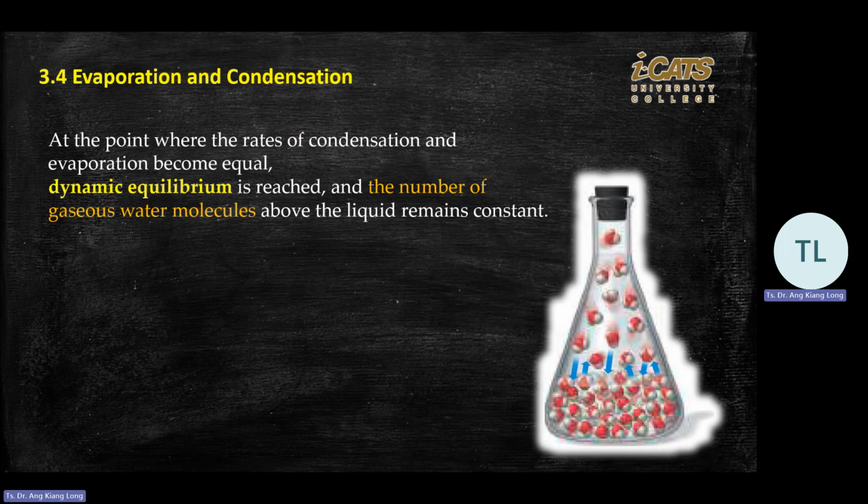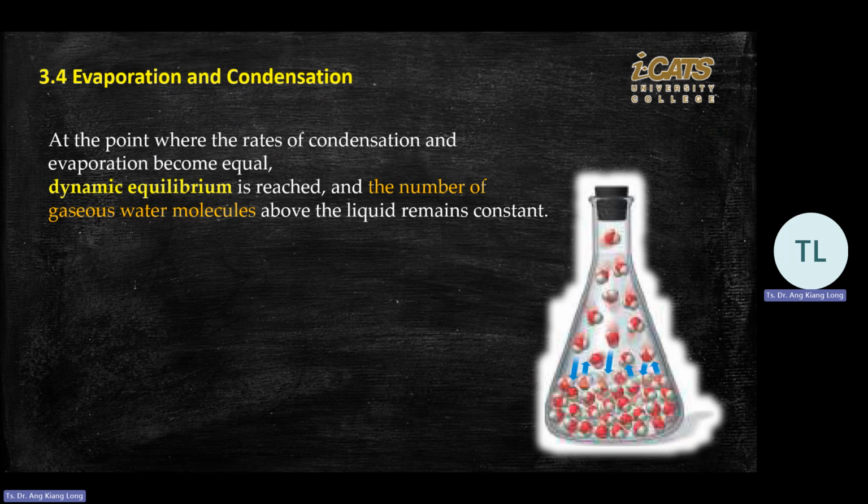All right, so this is more technical. When does the time come when these two become equal, meaning it will stop? The rate of condensation and the rate of evaporation will be equal when the condition is called dynamic equilibrium. This is Chemistry 2 content, where we talk about the rate of condensation and the rate of evaporation.